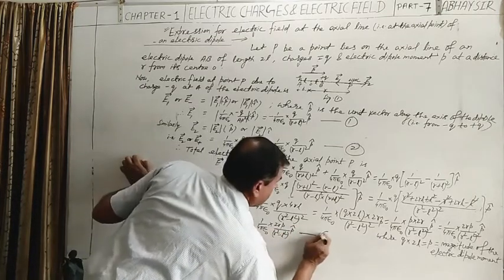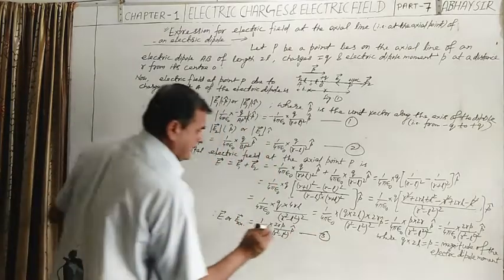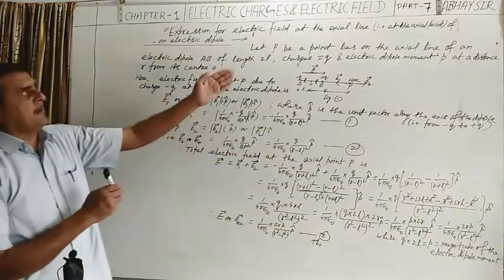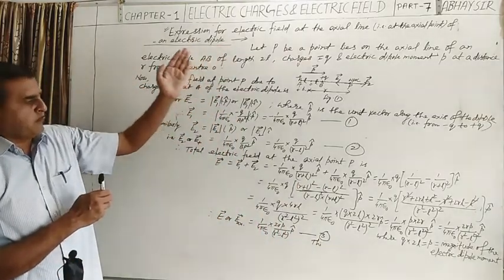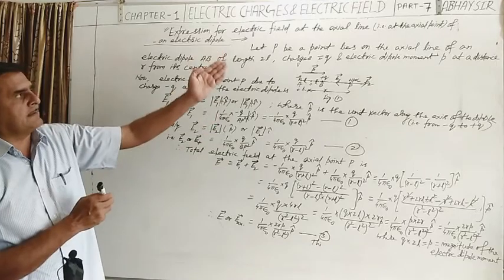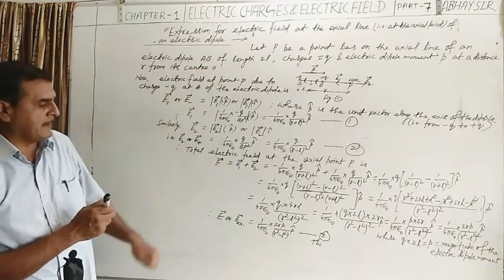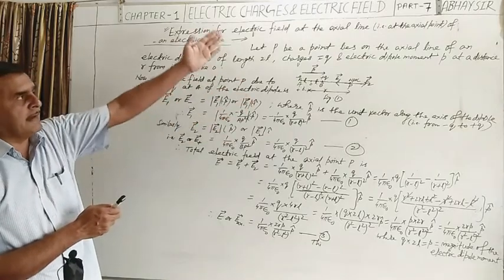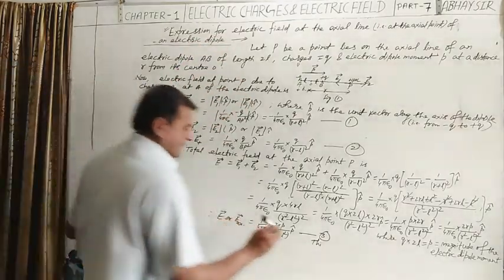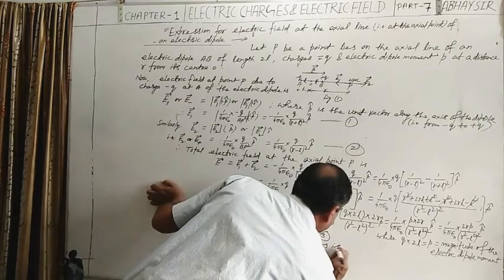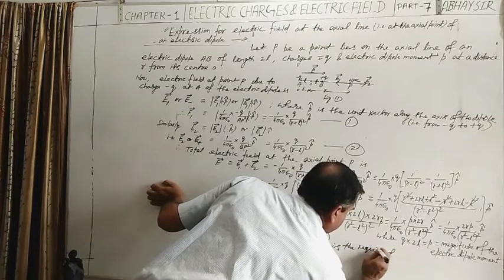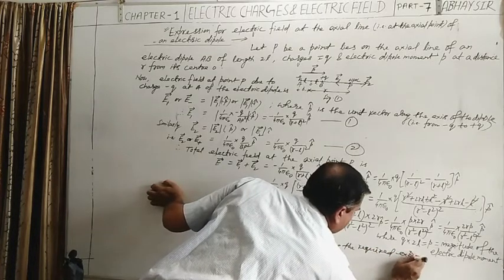This is the required expression for electric field intensity at the axial point or axial line of the electric dipole.